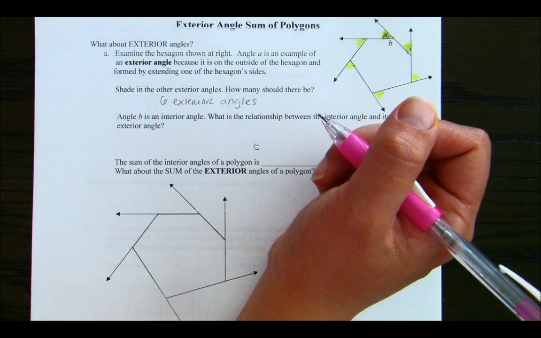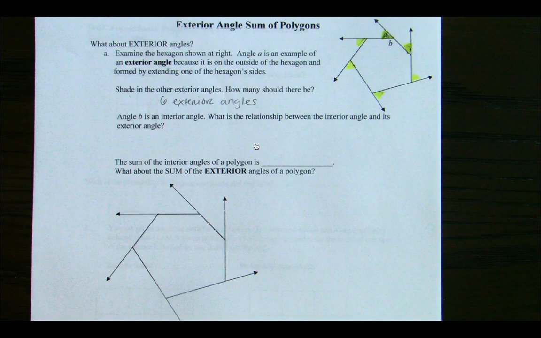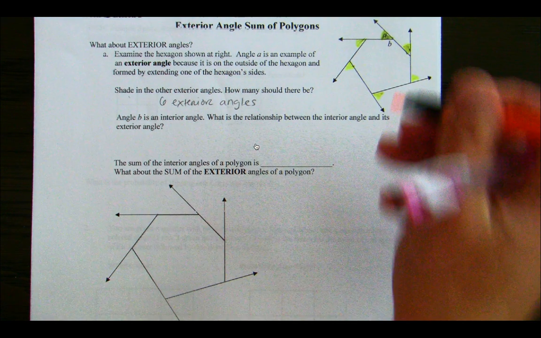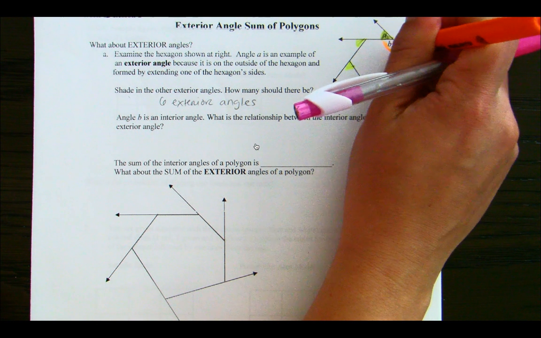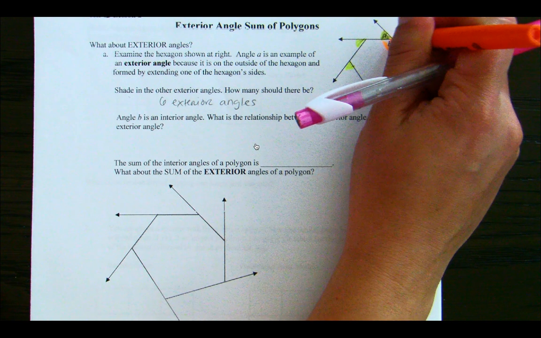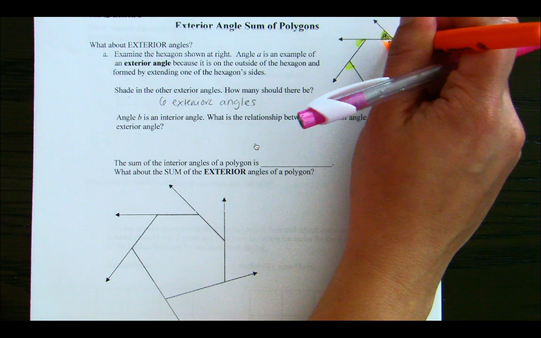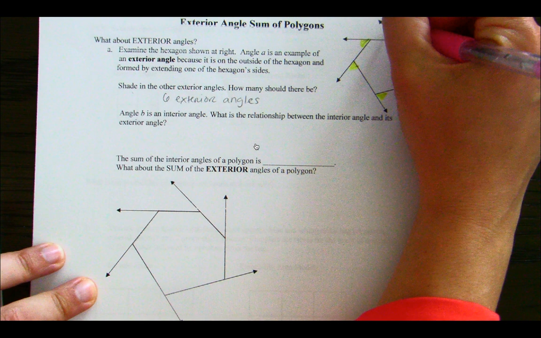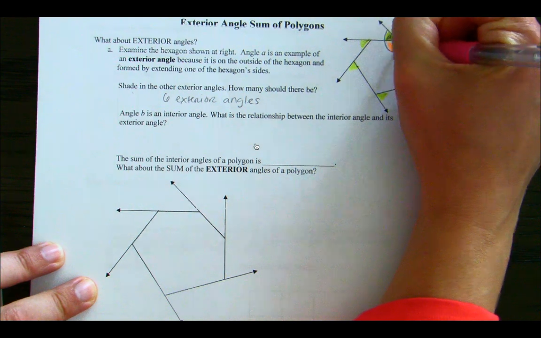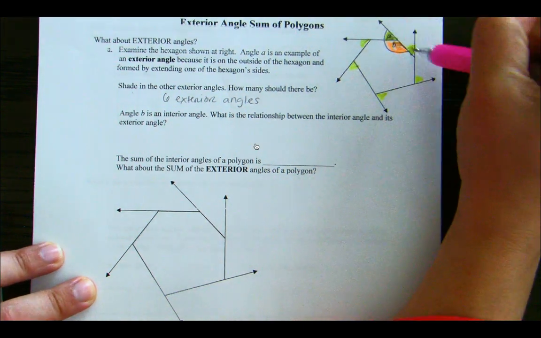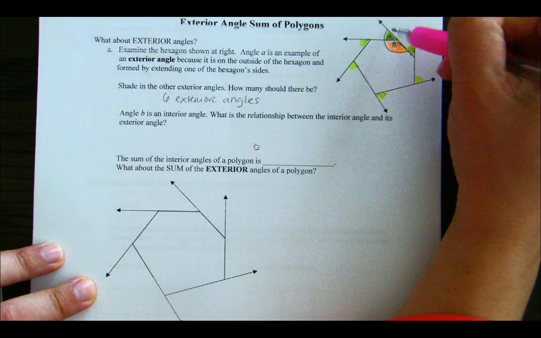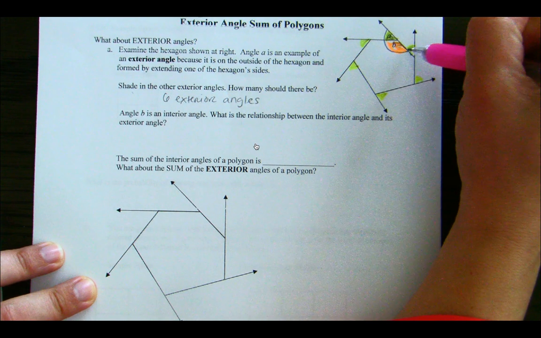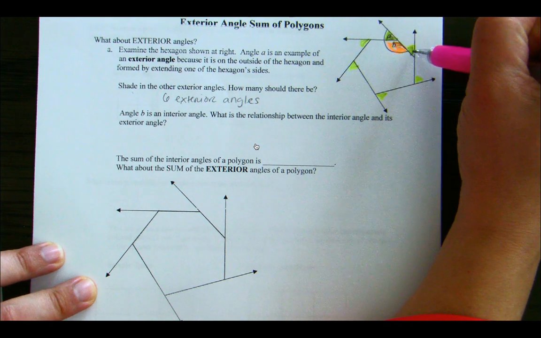Angle B is our interior, and I'm going to highlight that with orange. So you can see that this right here is the interior. I want to know what kind of relationship A and B have. If I connect these, looking at this line right here, notice that they add together to make this line.